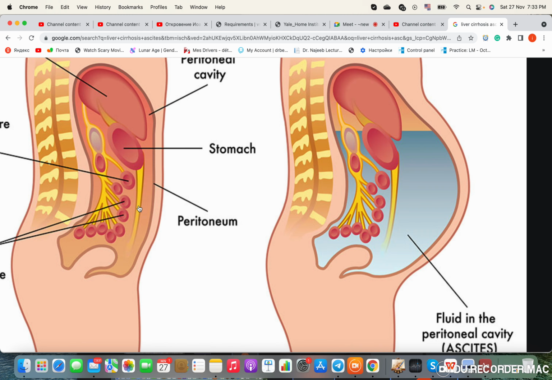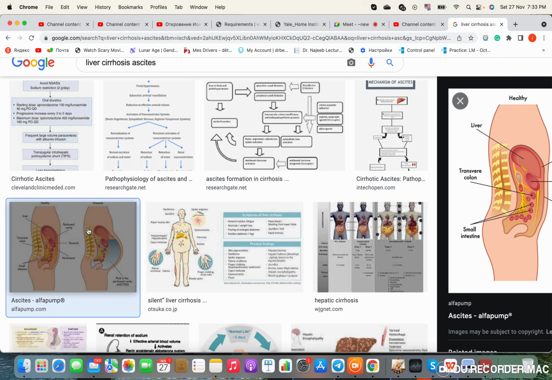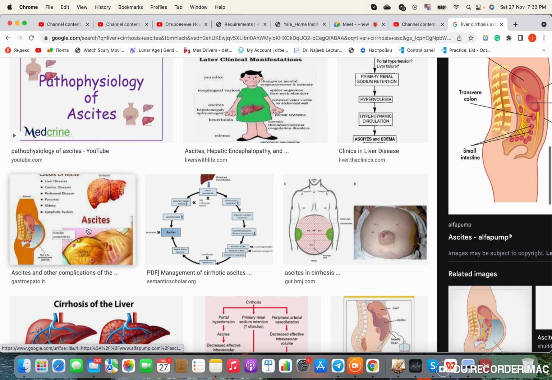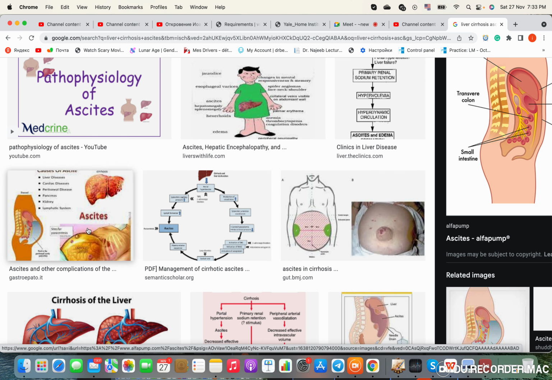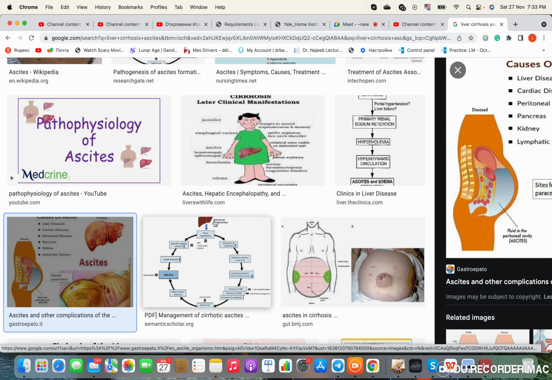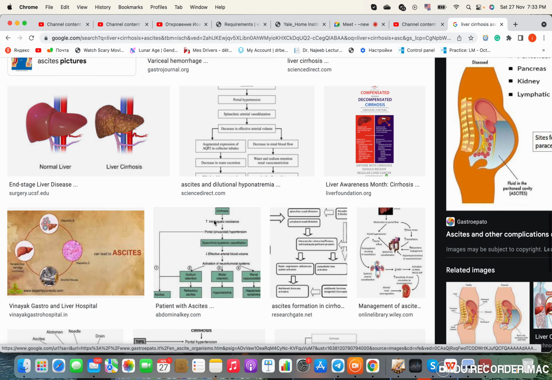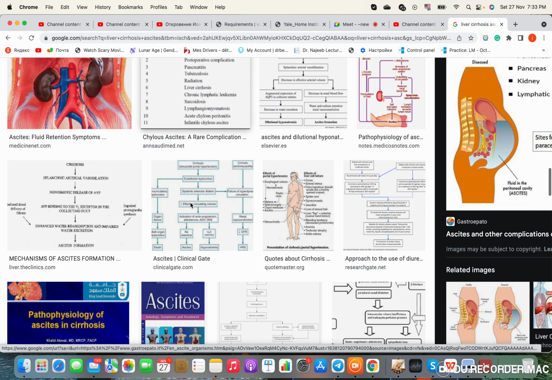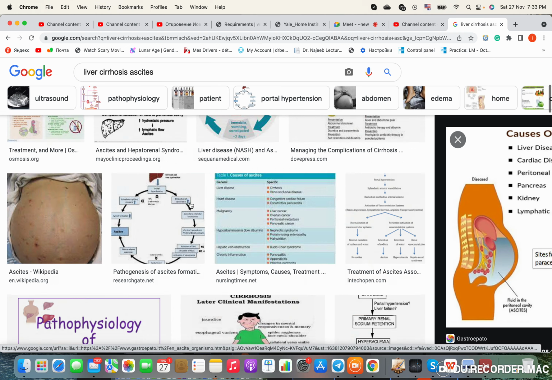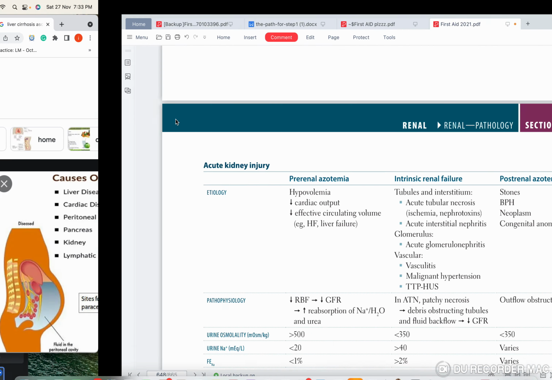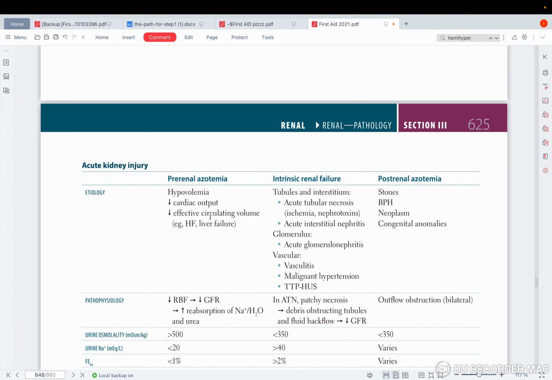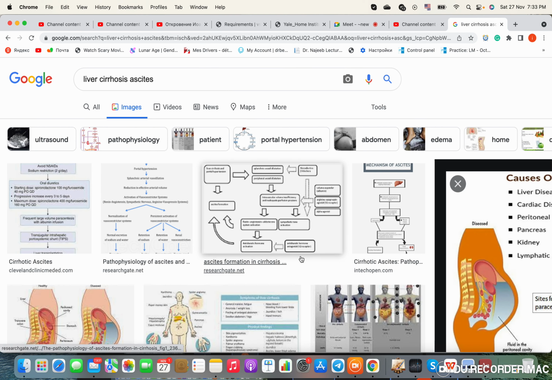Okay? So when you have movement of the volume from inside of your vessel to the outside of your vessel, the amount of intravascular fluid will decrease significantly. That will lead to reduction of the effective circulating volume, which can precipitate pre-renal azotemia.